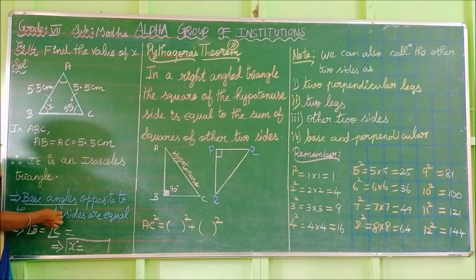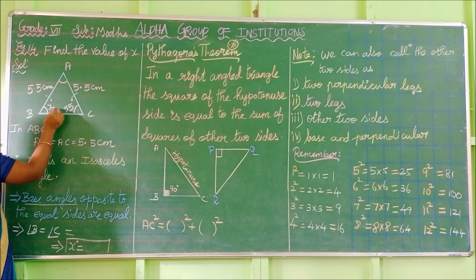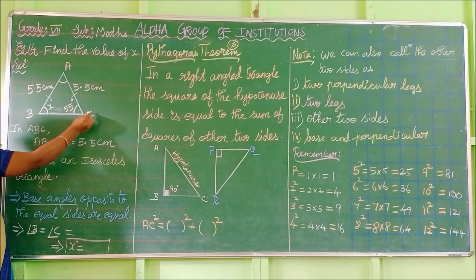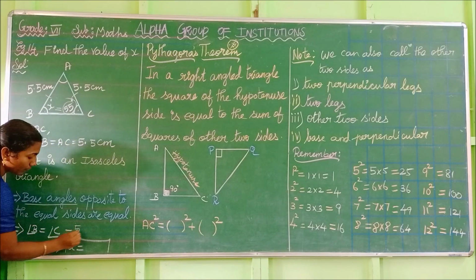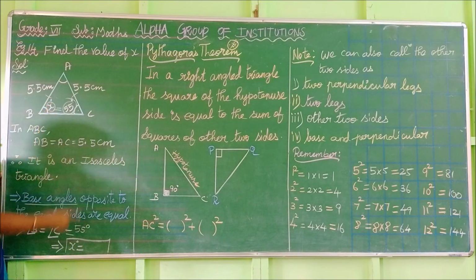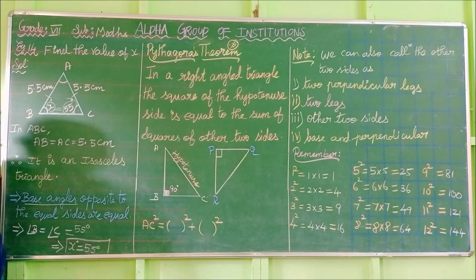So as per this property of isosceles triangle, base angles opposite to equal sides are equal. So here we are writing angle B equal to angle C equal to, what is its measurement? 55 degrees. So here they are asking to find the value of x. So you have to write angle x equal to 55 degrees. I hope you understand.